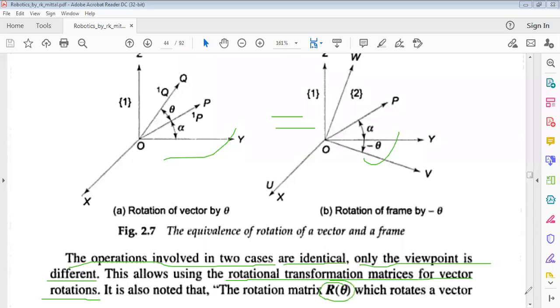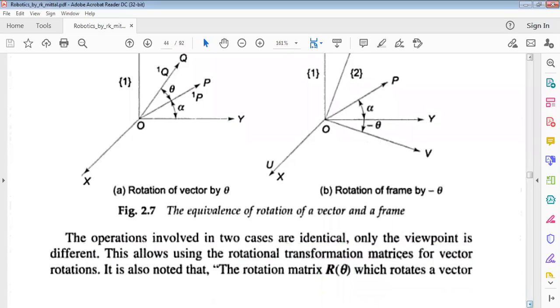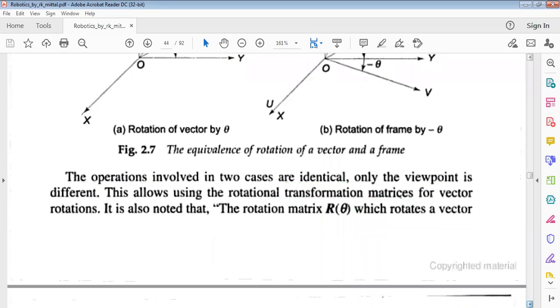So here, for the rotation matrix, there are no subscripts and no superscripts. Why are there no subscripts and no superscripts? Because the vector is in the same frame.